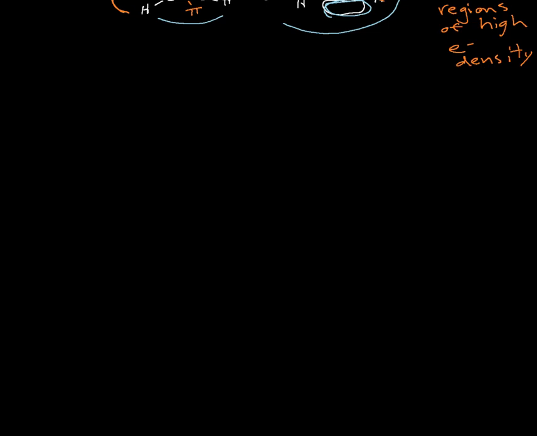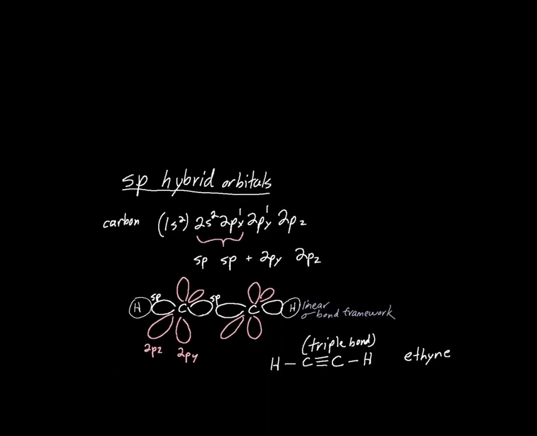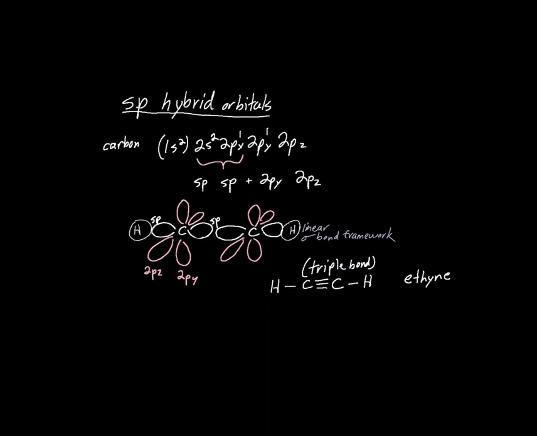All right, so moving on to explain other forms of bonding. A logical progression of where we are now is sp hybrid orbitals. We've already shown what happens when we take an s and three p's and overlap them to give four sp3 orbitals.